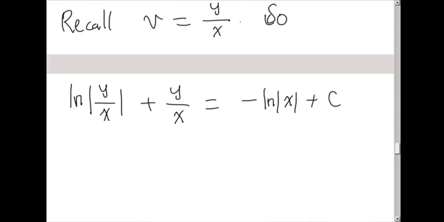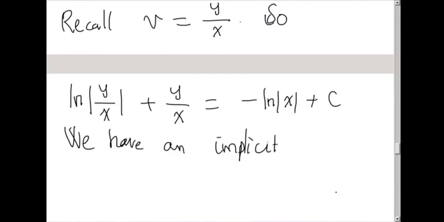At this time, we cannot solve for y. So this can be left as the solution. So we have an implicit solution.